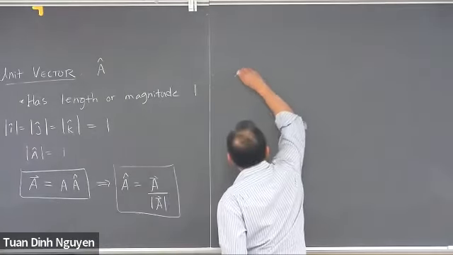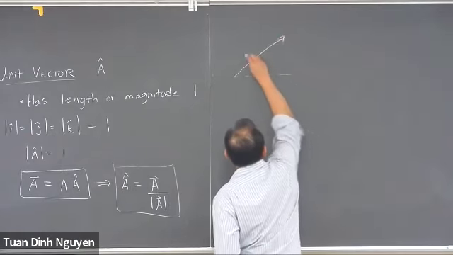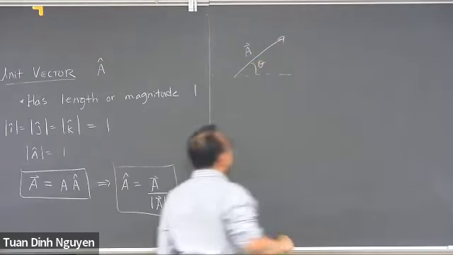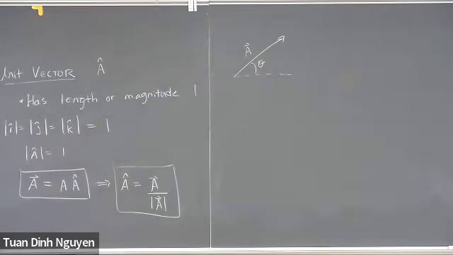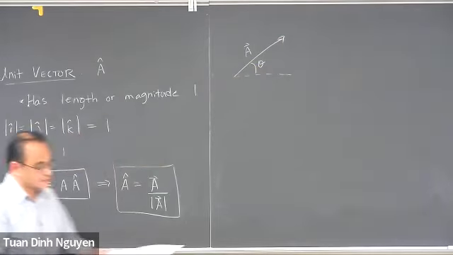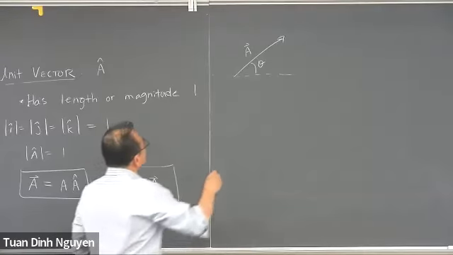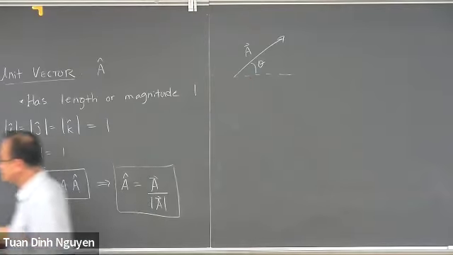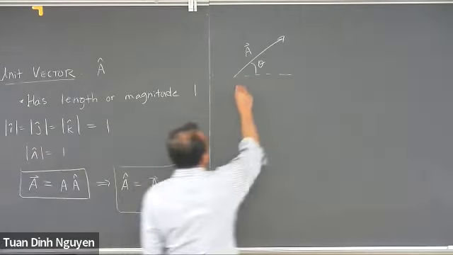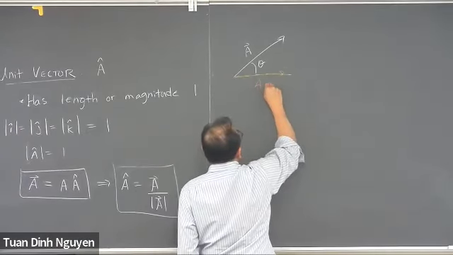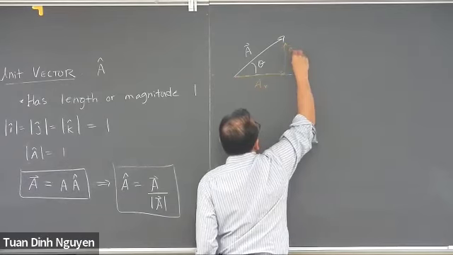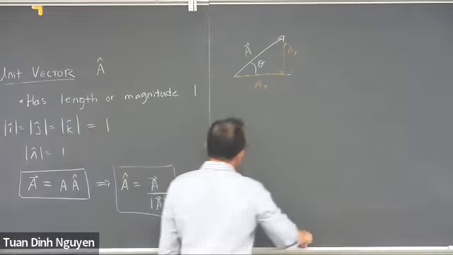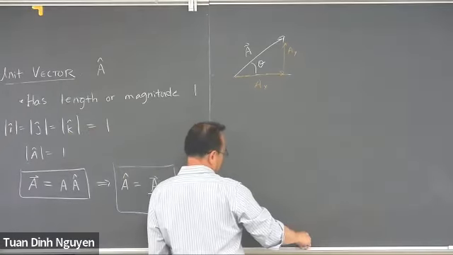The other way to represent a vector is just graphical form. So you have A, and say it's at angle theta. Now, in components again, this will be x and y.